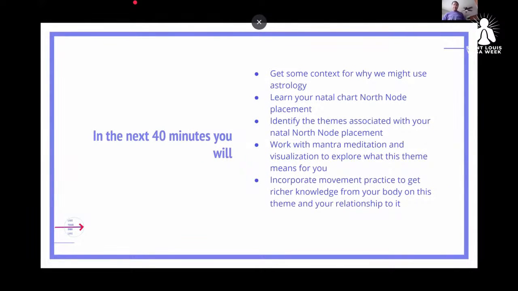So in the next 40 minutes, you'll get some context for why we might want to use astrology in this kind of work. And specifically, I'm calling this out as part of Yoga Week and a yoga practice because it's really focusing on this self-exploration or self-study that is Svadhyaya in the yamas and niyamas.